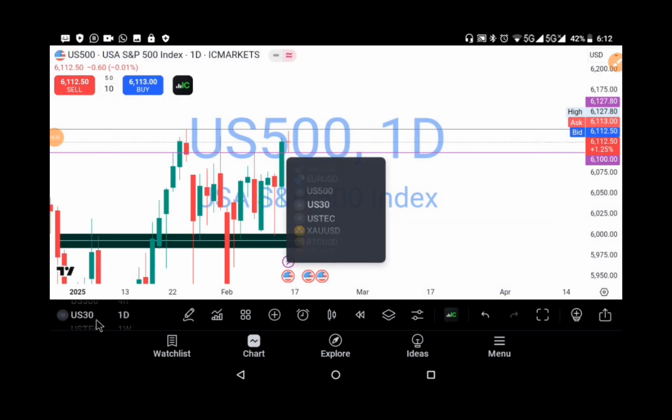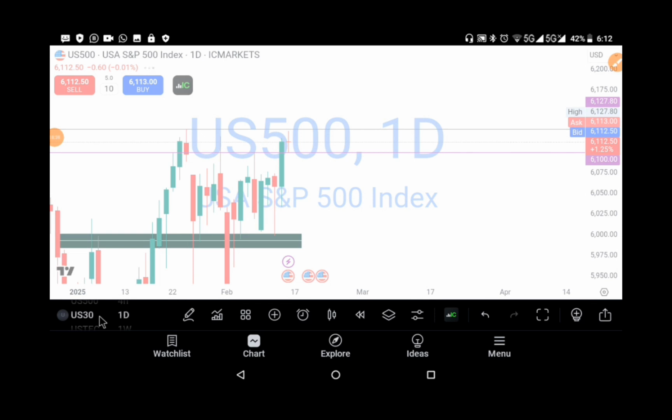So to the Dow futures, Dow futures last week I was interested in 44,000 remaining as support, and the market price should visit 45,000.